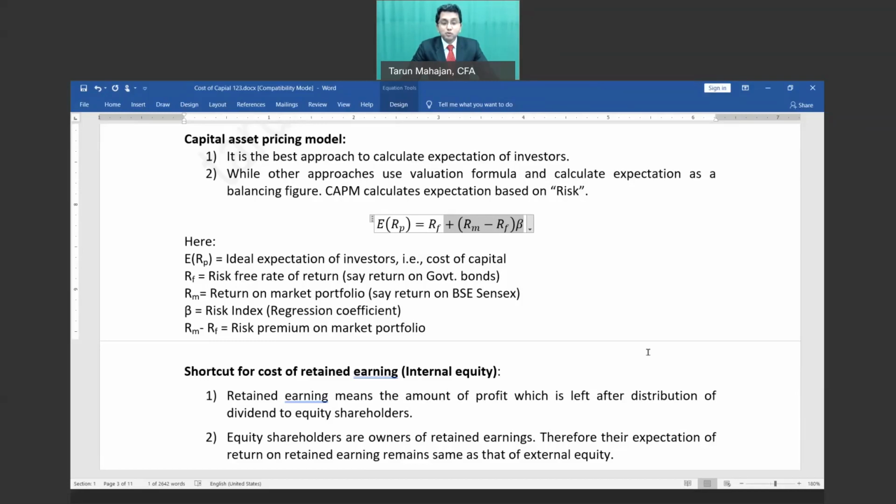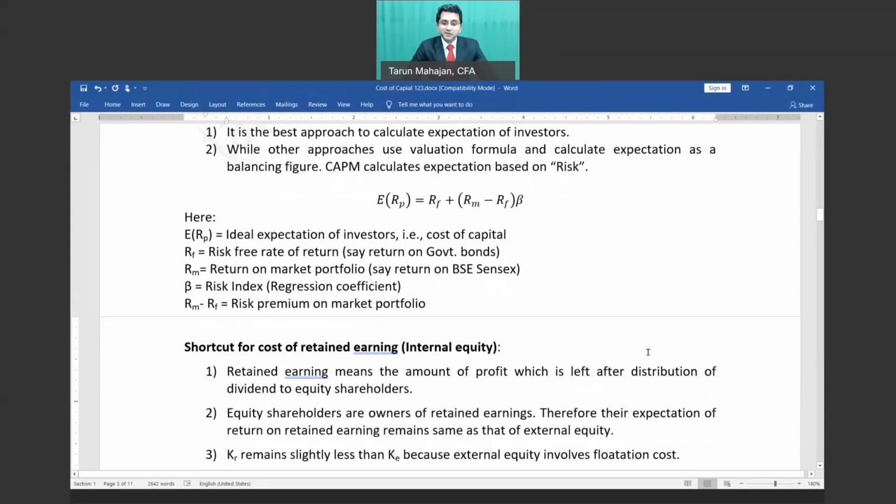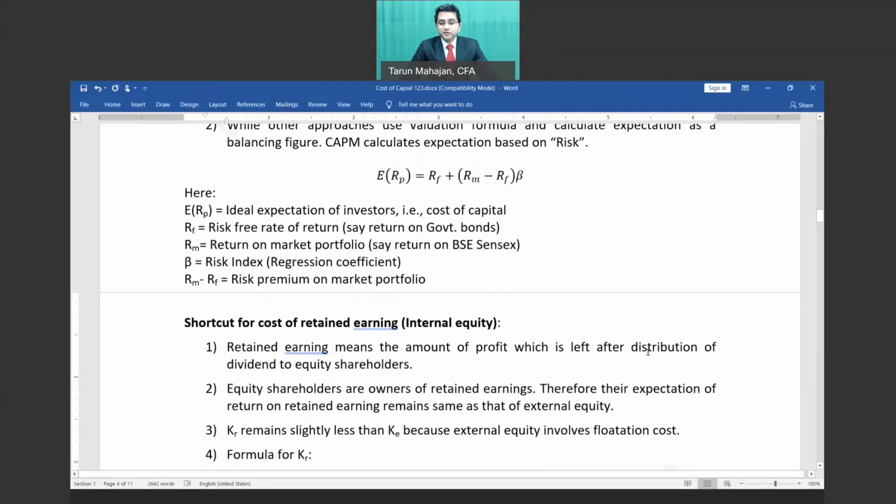If beta is 2, it means the volatility or risk in your share is double as compared to the general market risk. Okay. So this is the original formula to calculate cost of equity. The remaining three formulas were just reverse formulas.